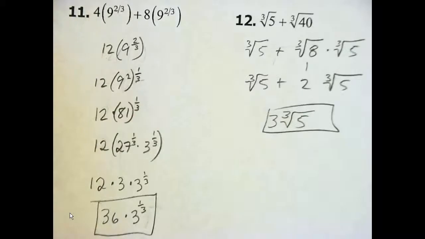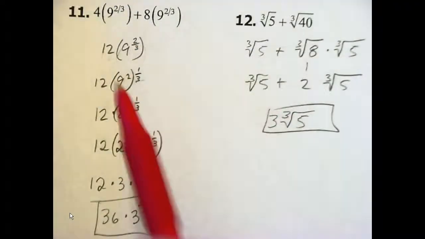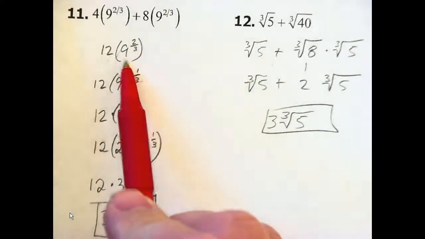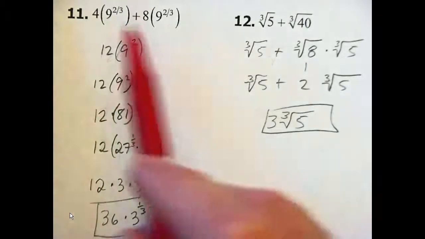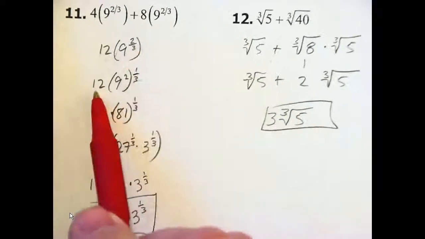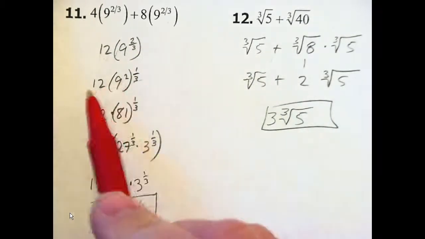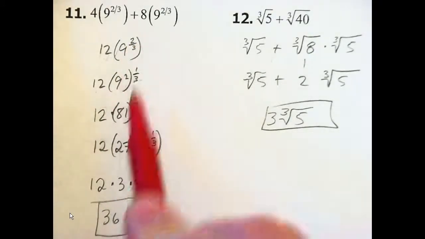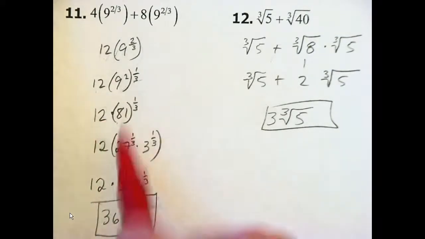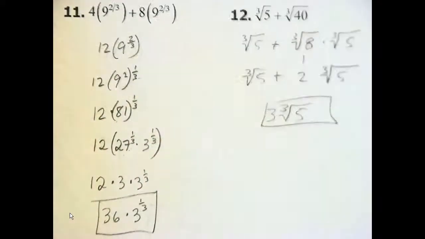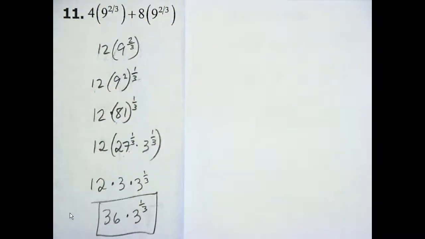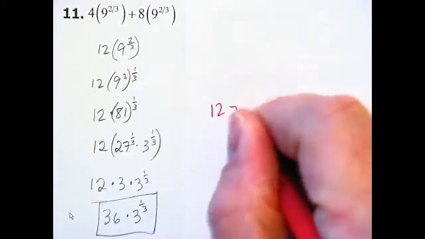Now, 11, add them up, you get 12 times 9 to the 2/3. Now, some of you would stop right there, but really, 12 times 9 to the 2/3, you can go 12 and 9 squared, and then factor out that 1/3, which gives you 81. And the benefit of that, you could then break that down. If you're thinking of it in terms of cube roots, you think of this as 12 times the cube root of 81.